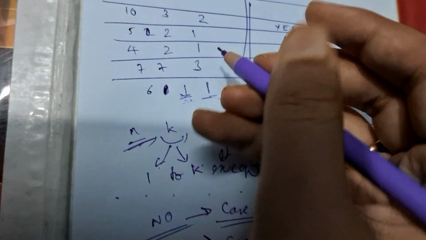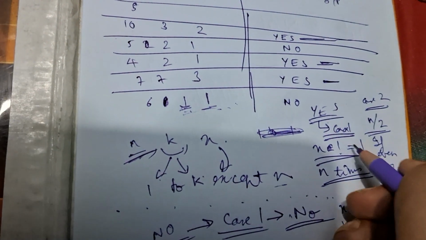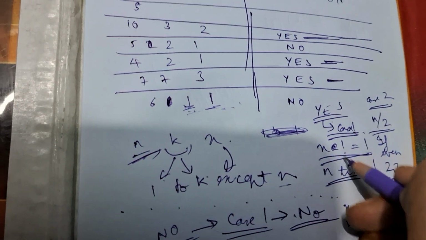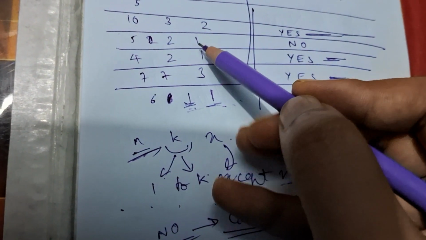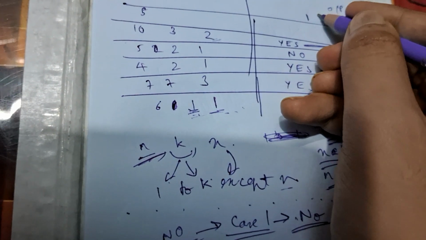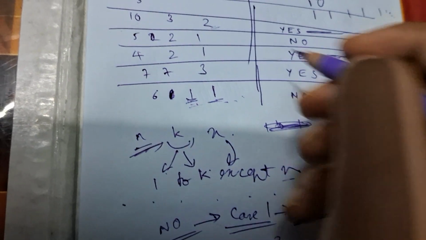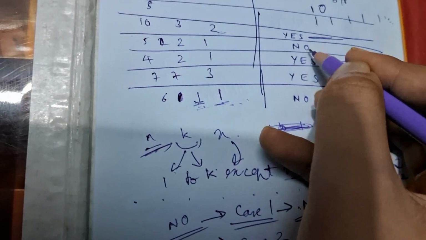Let's take this example, 10 3 2. In which condition is this? This is case 1, that is, x is not equal to 1. See, x is equal to 2. So we can print 10 and then print 1 ten times. For this one, it is a no. Why is it a no?